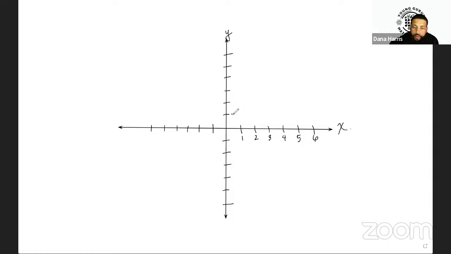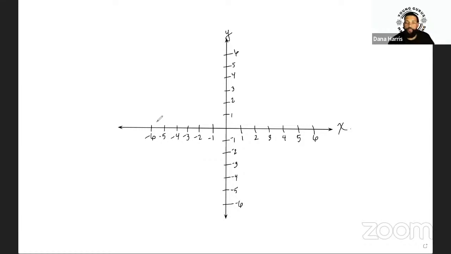Positive 1, 2, 3, 4, 5, and 6. Negative 1, negative 2, negative 3, negative 4, negative 5, and negative 6. And then, of course, over here on the x-axis, negative 1, negative 2, negative 3, negative 4, negative 5, and negative 6.